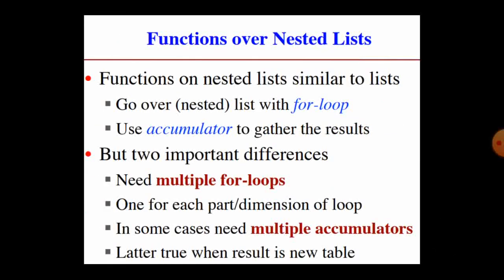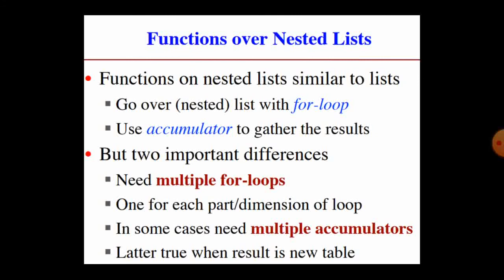Functions over the nested list. We can use the functions that we have used on the list on the nested list also. We can use this nested list with a for loop, and we can use an accumulator to gather the result. That means you can specify conditions. But we have two important differences between using a list and using a nested list.